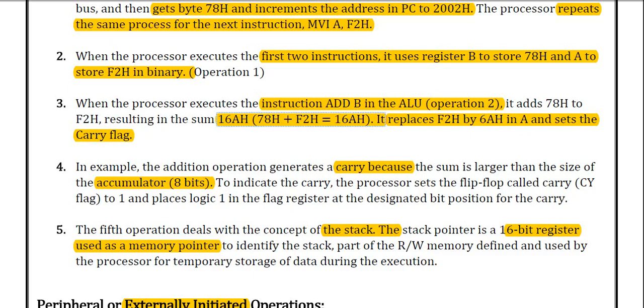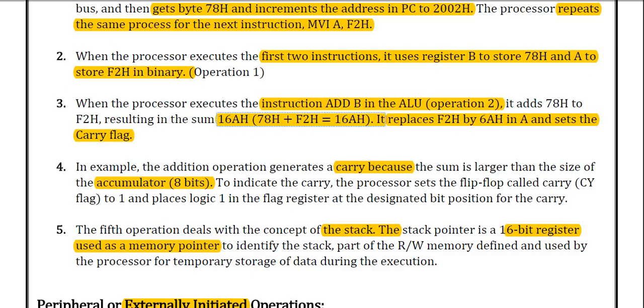Which one is the 1? 1 is the carry, and it is now larger than the size of the 8-bit accumulator. To indicate the carry, the processor sets a flip-flop called the carry flag to 1 and places logic 1 in the flag register. So by this we can understand, and now we are in the fifth section.